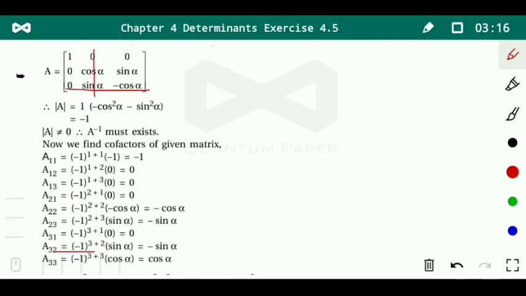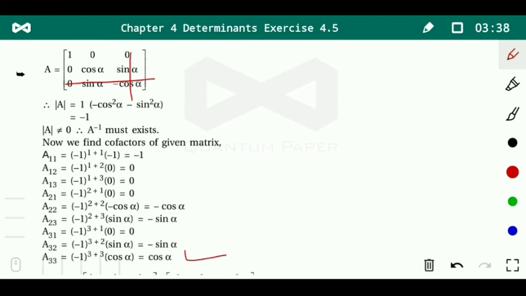So the answer is sin alpha, but multiplied by minus 1 raised to 5, since 3 plus 2 is 5. So minus sin alpha. And lastly, we have to find capital A33. So we remove third row, third column. The value of the determinant is cos alpha, and minus 1 raised to 6 is plus 1. So the answer is cos alpha.